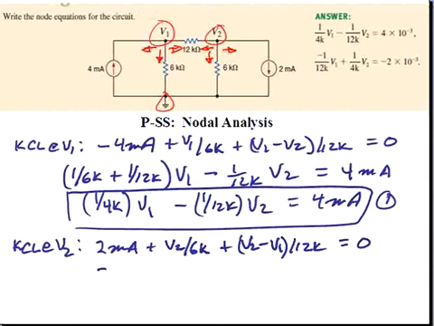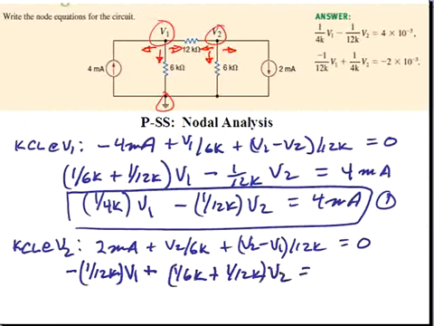And simplifying this, we have minus 1 over 12K V1 plus 1 over 6K plus 1 over 12K V2 is equal to minus 2 milliamps.